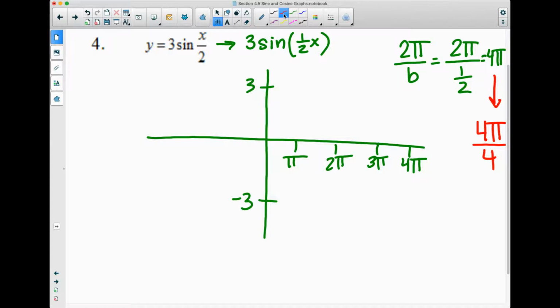Now, if I plug in 0, sine at 0 is 0, times 3, still 0. If I take pi and I plug it in for x, I can plug it into this one up here because it's better than doing it here. That just becomes sine at pi over 2. Okay? Well, notice that takes me to my next spot of my zeros and ones.